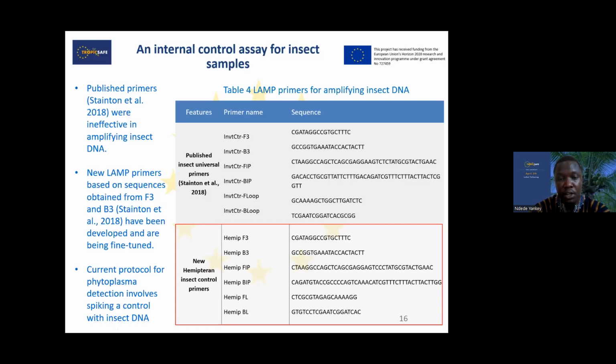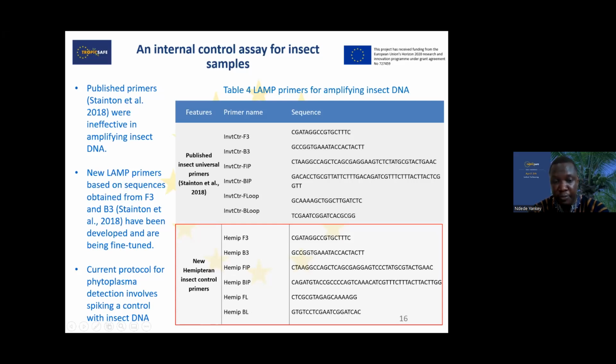And what we have done was to take the F3 and then B3, the outer primers, and then use them on the insect DNA, amplify them in PCR, and then to now redo the internal primers, that's the forward and the backward loop primers.